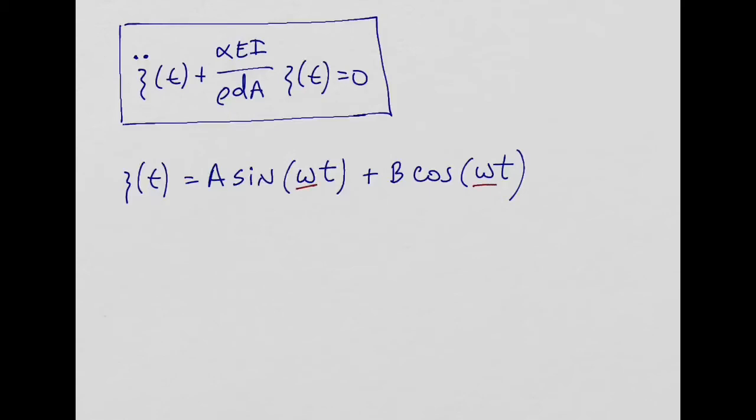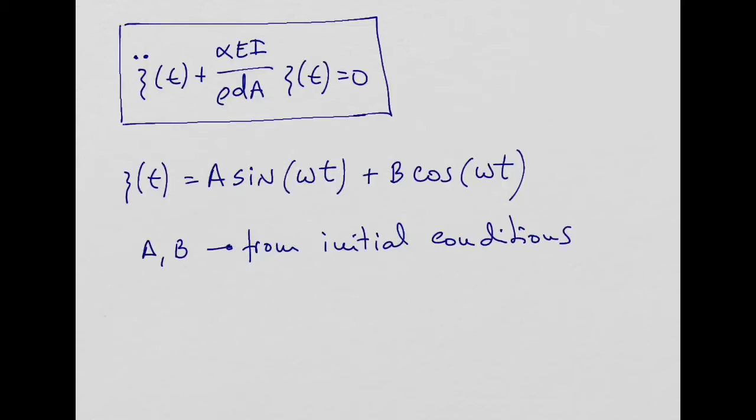In that sine and cosine, you have the frequency, W, and you have this A and B, which you calculate from, so I can write here, this A and B you calculate from initial conditions. Okay, so these are constants that come from initial conditions, but let's see if we really need this A and B for the analysis we are doing.